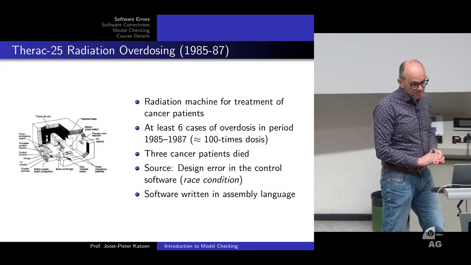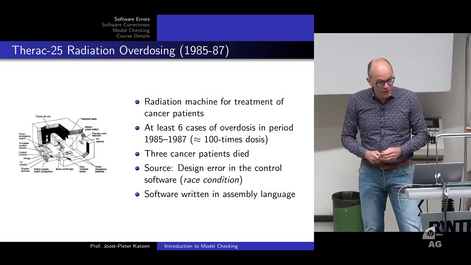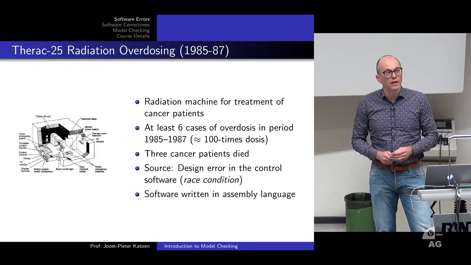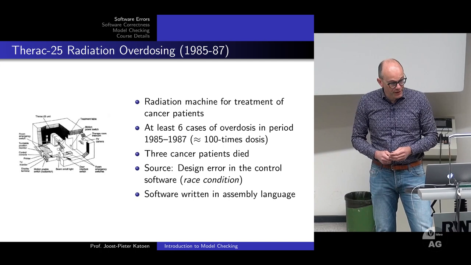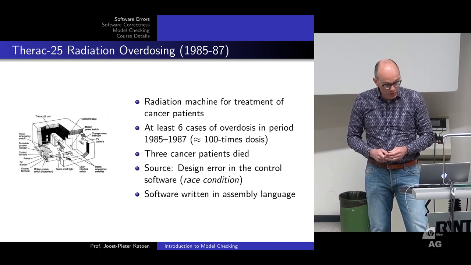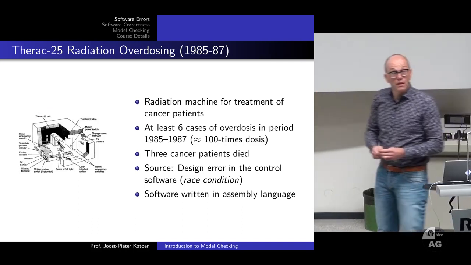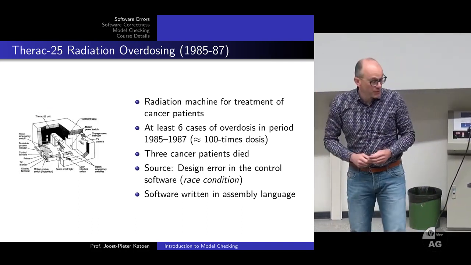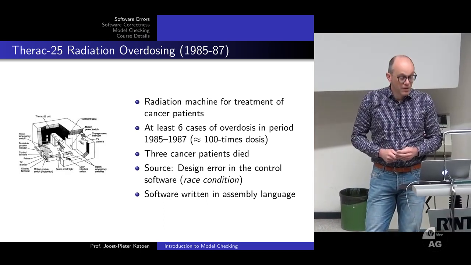Okay, so I would start with some examples, and one example is a bit old, but it's still illustrating the effects of what bugs in software can cause. So here on the left you see a radiation machine in a hospital, and in particular for cancer patients.